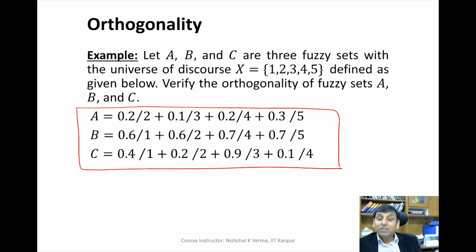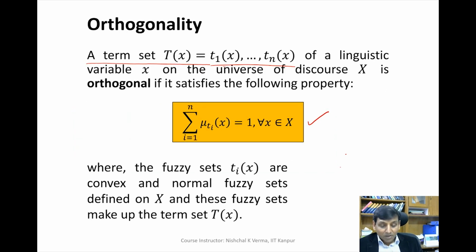The C fuzzy set that we have is 0.4/1 plus 0.2/2 plus 0.9/3 plus 0.1/4. So we have the 3 fuzzy sets, and now let's check whether the orthogonality condition is satisfied for the term set or not.